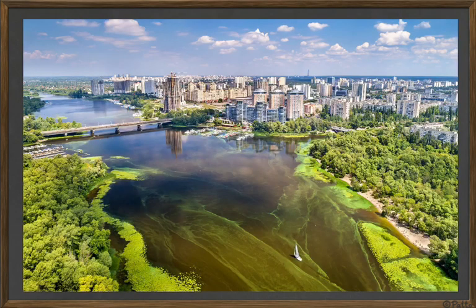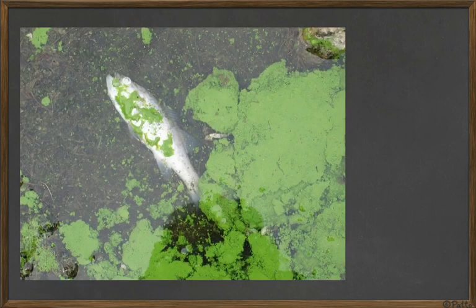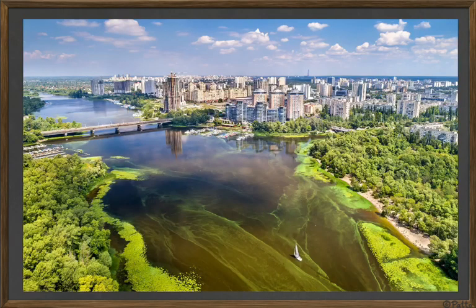And when they put the oxygen down, the water bodies get a low oxygen level. This is called BOD, biological oxygen demand. So basically, they consume all the oxygen, and the fish and the aquatic life living there end up suffering.